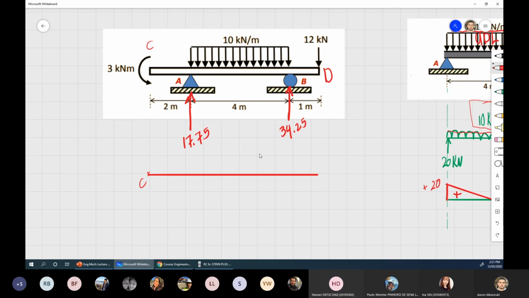Okay, that's good, Hannah. So simply what we do, we are starting at 0. Is there any shear force here to make any change? No, but there's a moment. What shall I do about this moment?